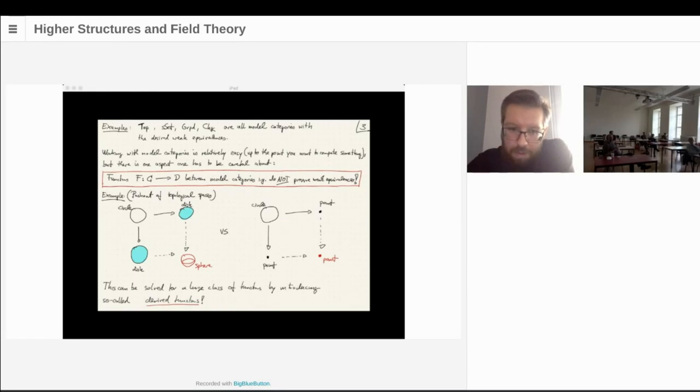Now, I have a question. In the example of groupoids, you say weak equivalences are Morita equivalences, and what are fibrations and, sorry? Categorical equivalences, so equivalences of categories. Is it not Morita equivalence? I think not. I think Morita equivalence is something which appears for Lie groupoids, isn't it?